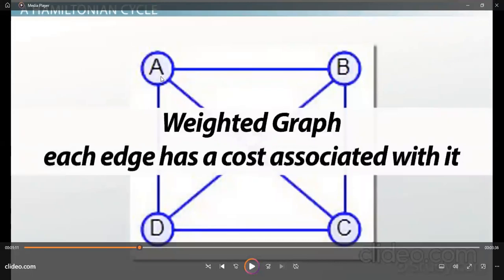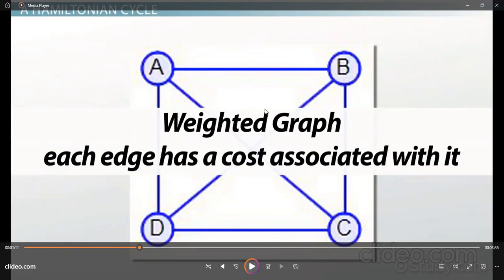You can consider vertex A. If you want to cover all the vertices, you have to come back to A. This is an unweighted, undirected graph, and this could be applied to the weighted graph also.